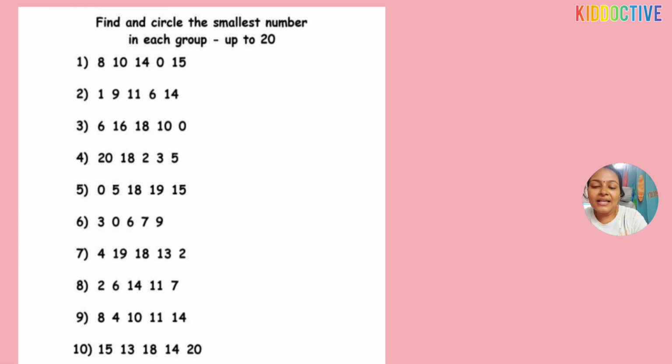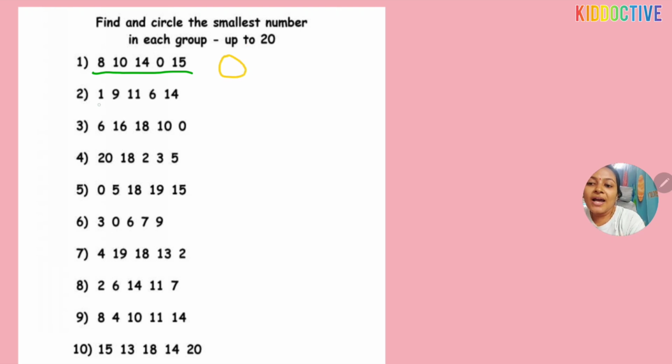Okay, up to 20 I took the number. So the first set of numbers are 8, 10, 14, 0 and 15. So in between these numbers, which number is the smallest number? Can you tell me? Yes, 0 is the smallest number.